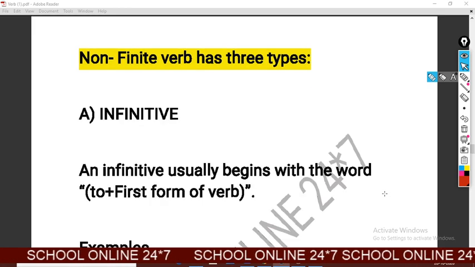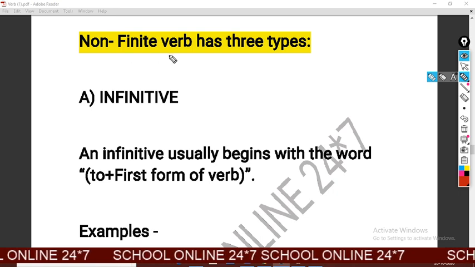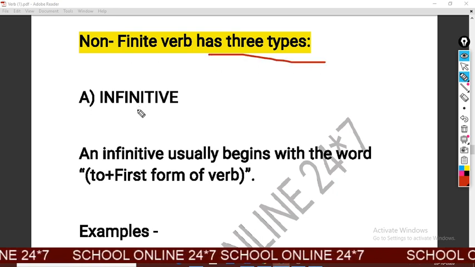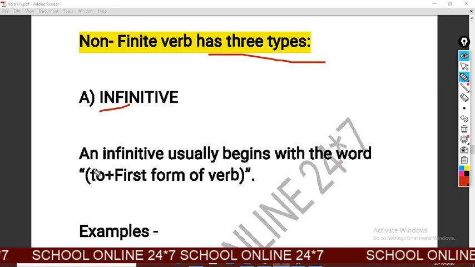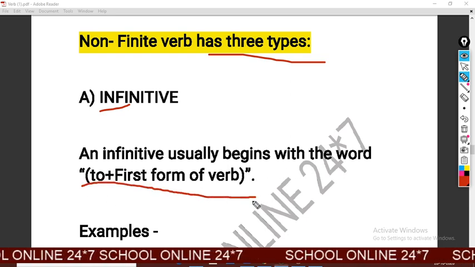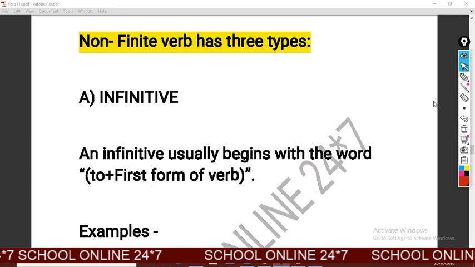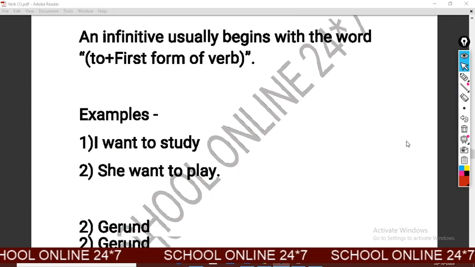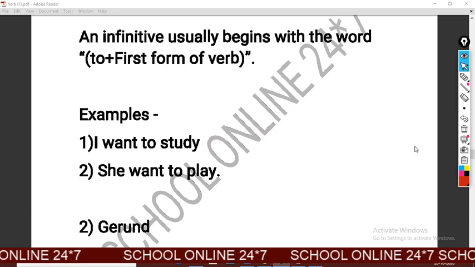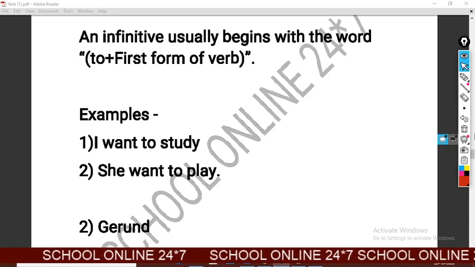And non-finite verb has also three types. First is infinitive. An infinitive usually begins with the word to plus first form of the verb. Means infinitives are always used in this form: to plus first form of the verb.